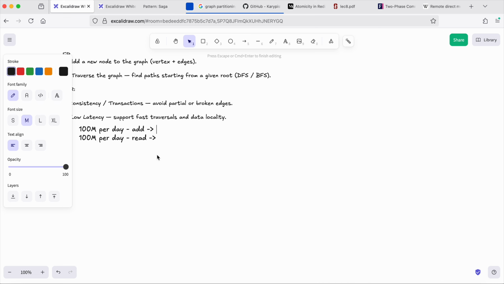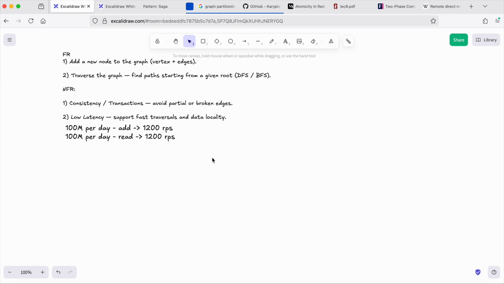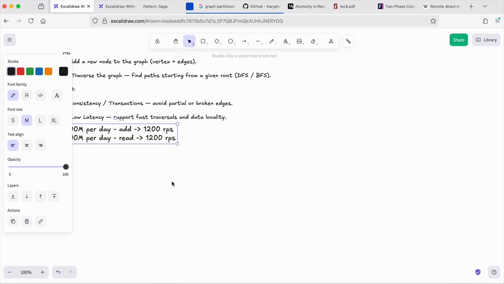We will have this value of requests per second for add, and the same for read. Not so huge, but still we should think how to deal with that efficiently. Okay, so we have these calculations. Let's say that it's our back-of-the-envelope calculation.